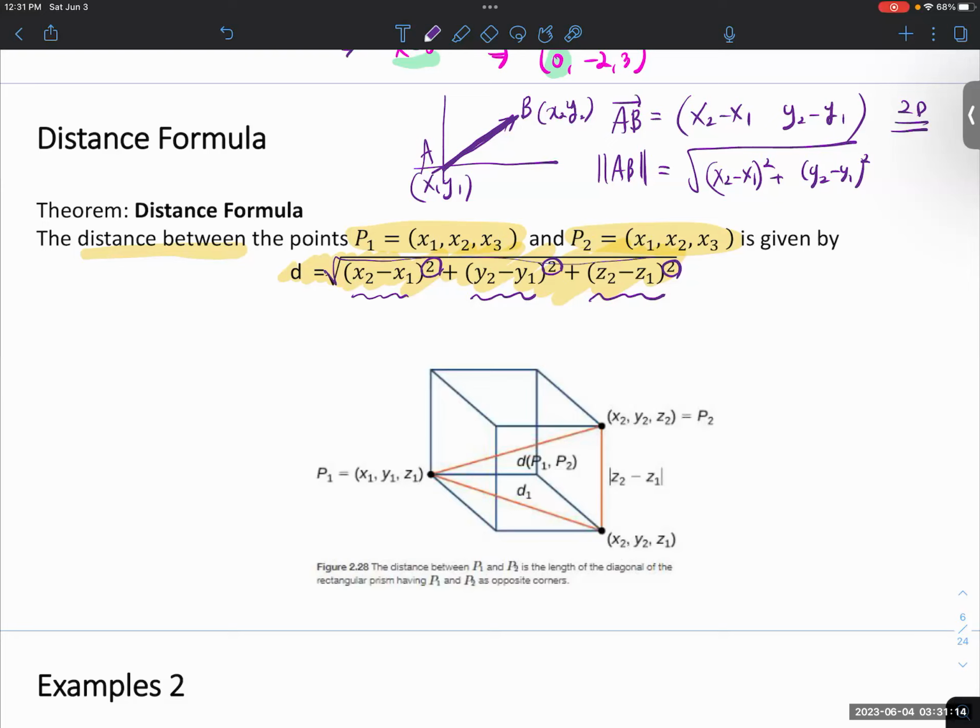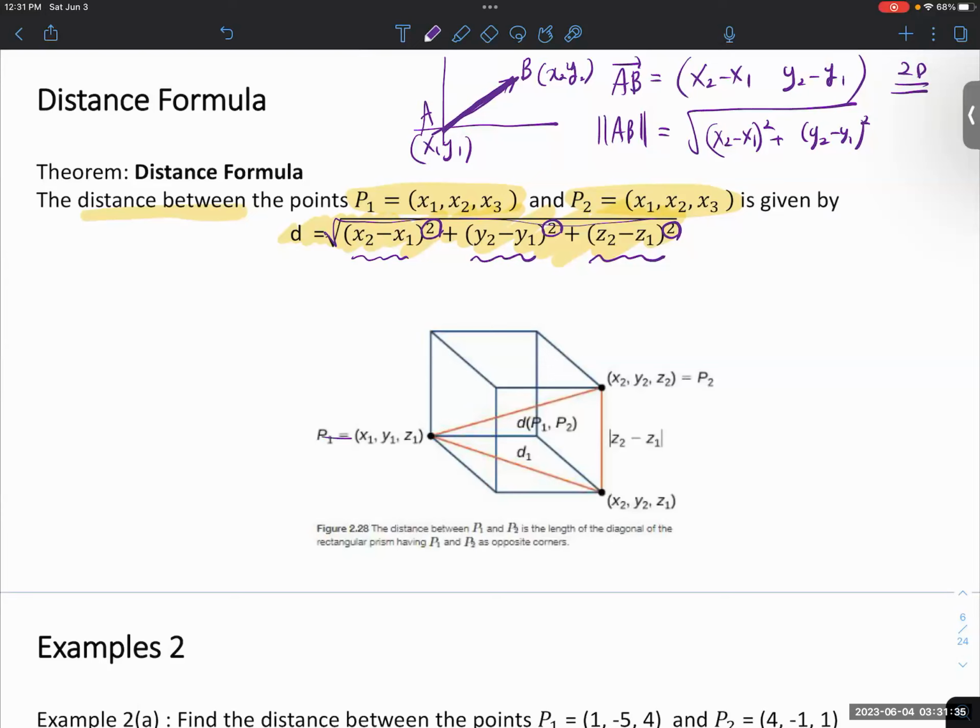That's the distance formula between 2 points in three-dimensional space. Nothing is special; it's a very similar topic. Let's take a look at an example of how to find the distance.